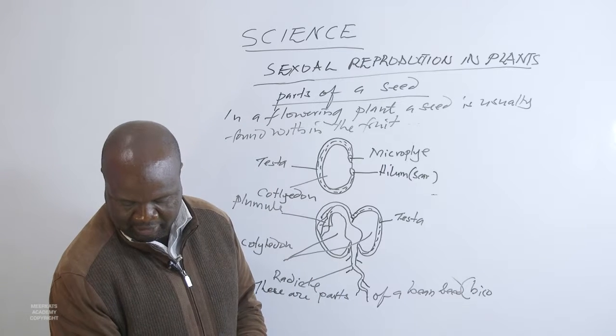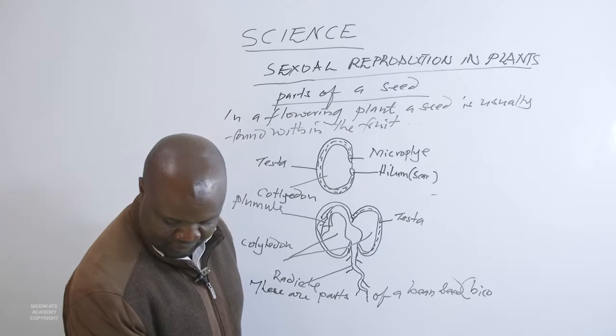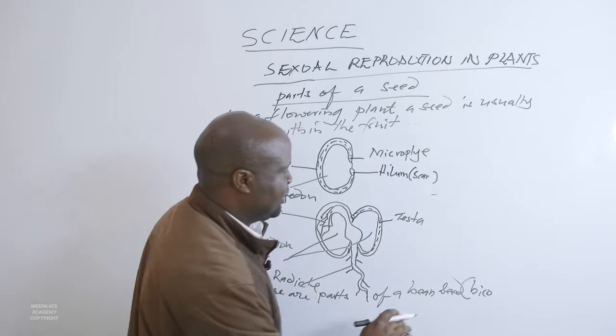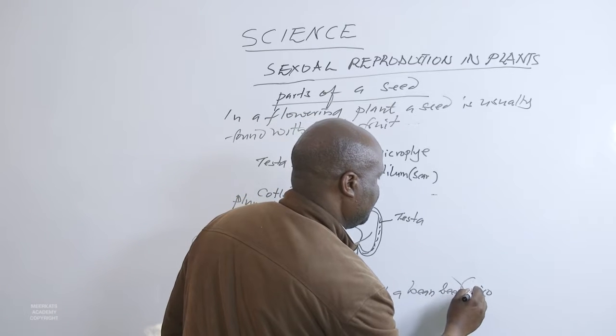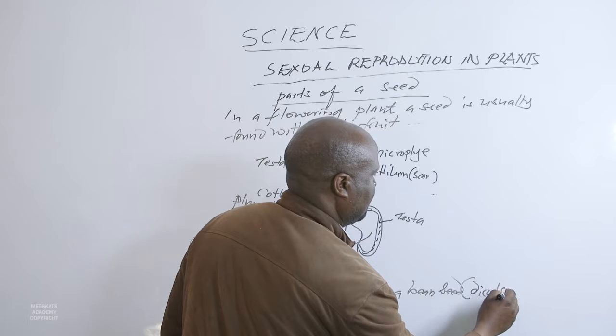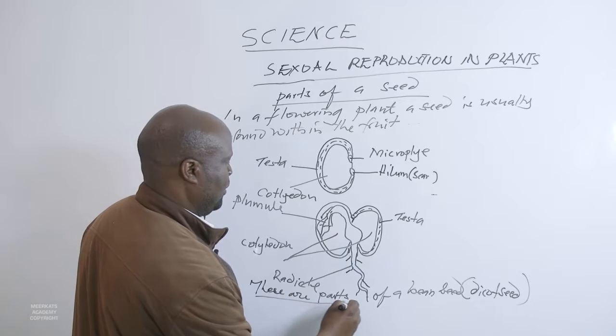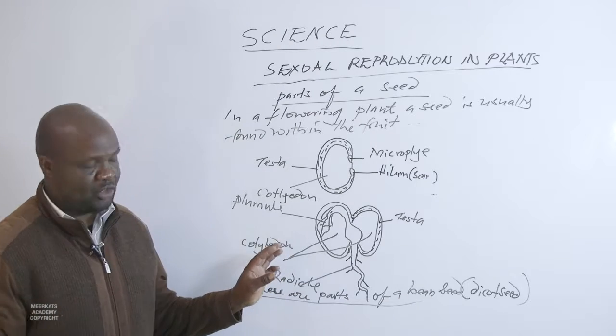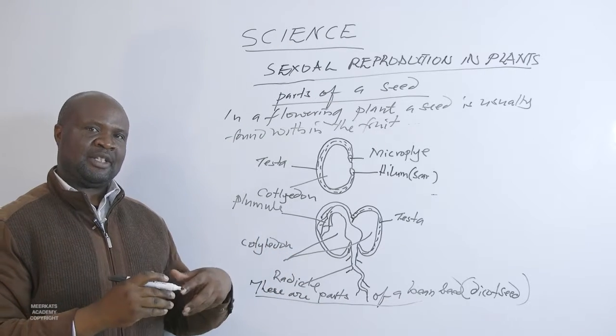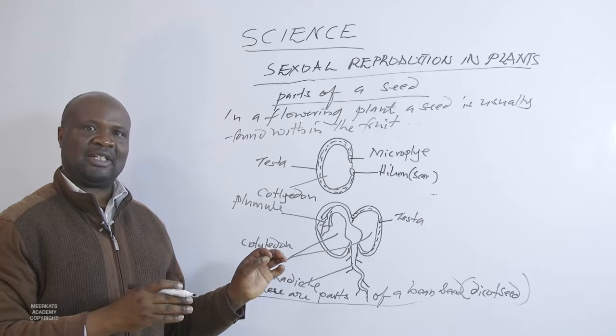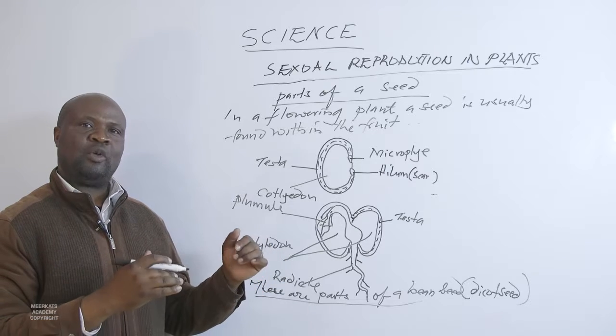We call it the dicot seed. It has two cotyledons. So above we can see we have tried to show the parts. We know once the bean seed starts germinating, we know what happens.